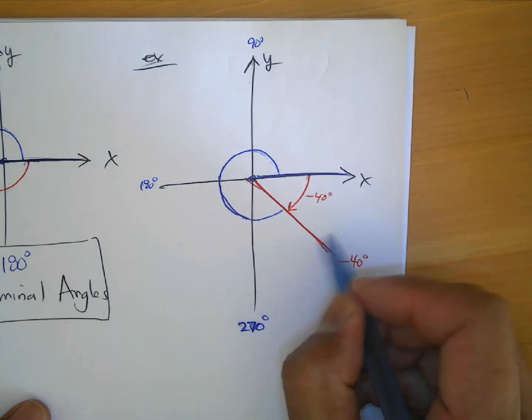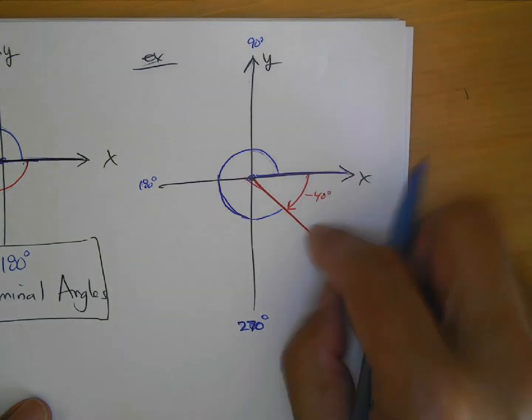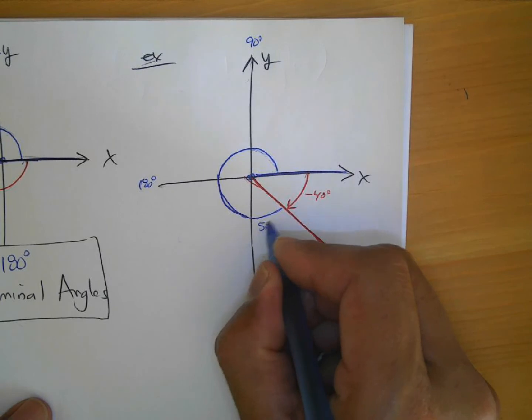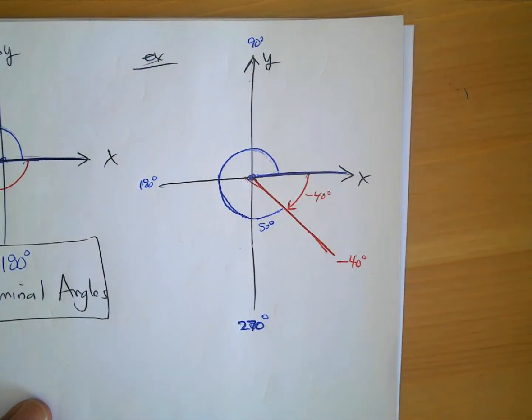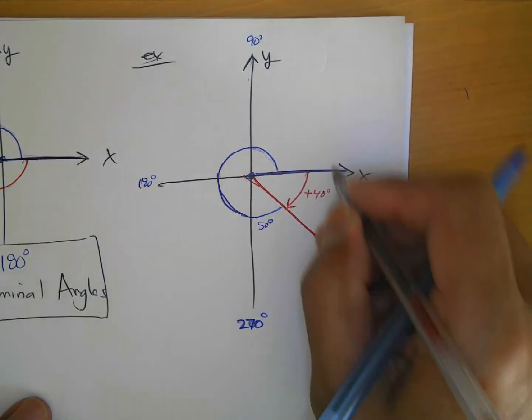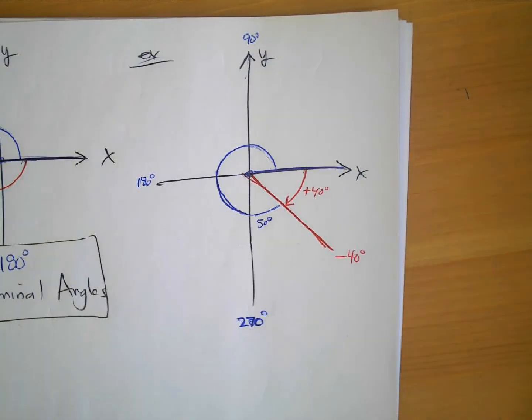Remember, I've always told you to get these two angles. If this is 40 degrees, that makes this little piece 50 degrees. Actually, I shouldn't put a negative here. I went 40 degrees, but since I went clockwise, it's a negative angle.